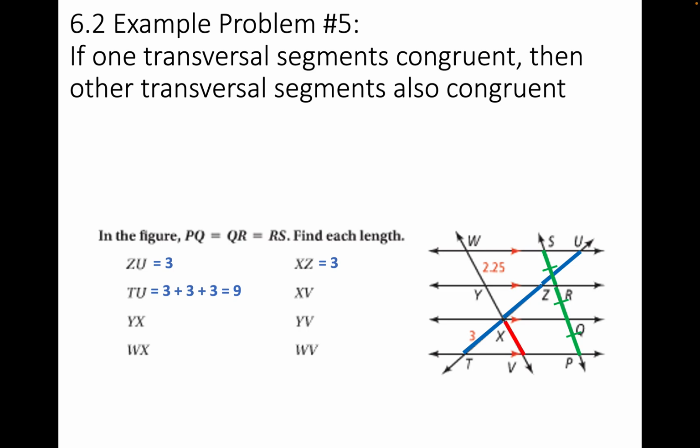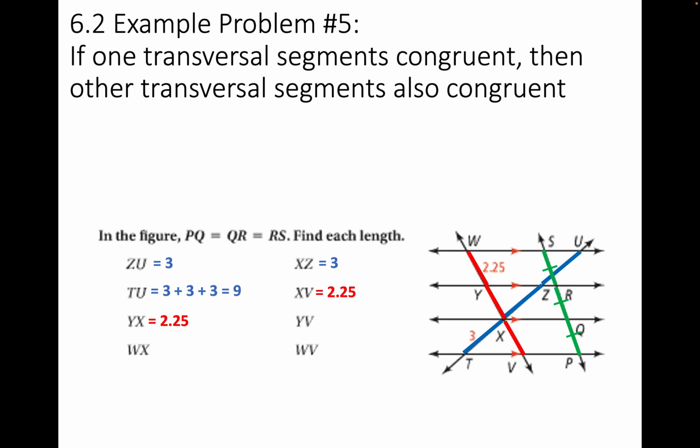If I look at XZ, well, XZ is the same thing as WY, so it just must be 2.25. XY, or YX, must also be 2.25 because all the sections of the transversal are congruent.